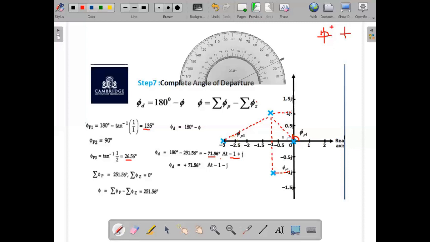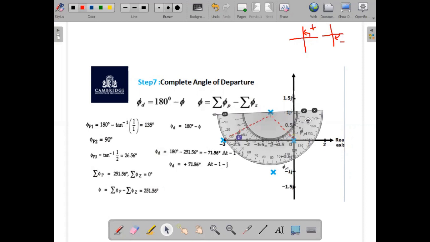And if you take the clockwise direction, it gives you the negative angle. Therefore, let me invert the protractor and let us have the center of the protractor exactly at minus 1 plus j, and this is the reference line.